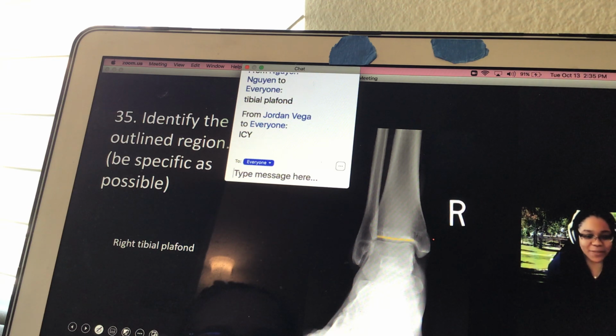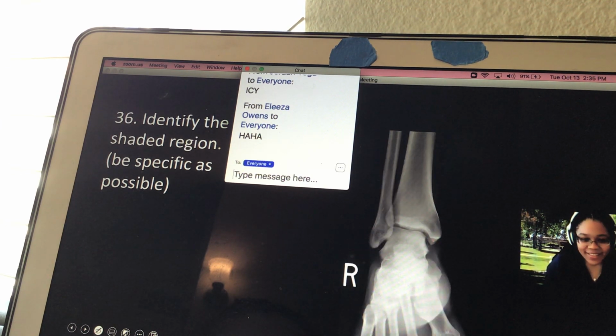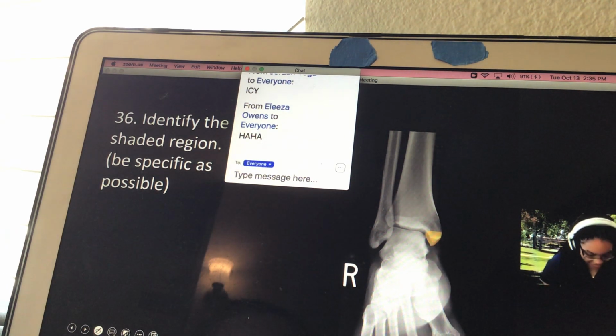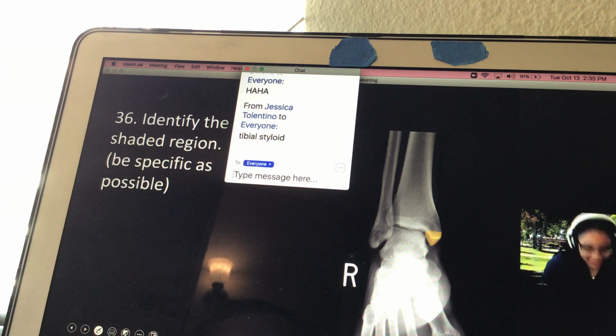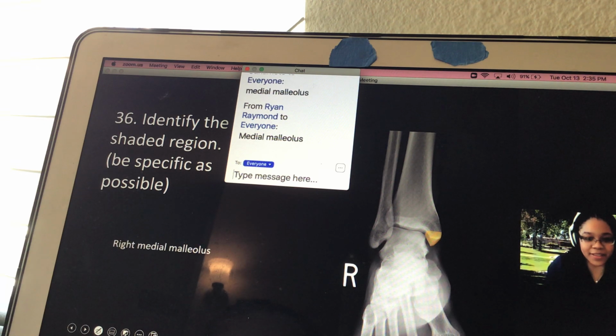So this is the tibial plafond. Next one. No, don't overthink it. Yeah, there you go. Medial malleolus.